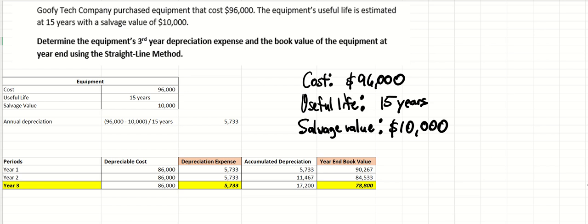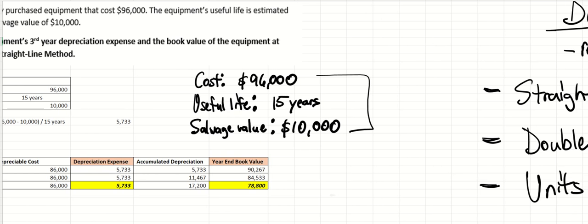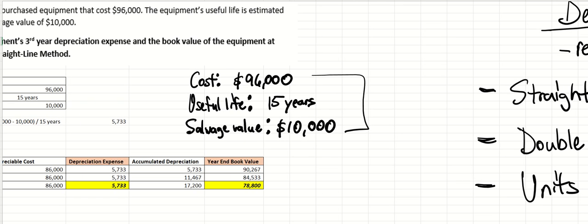So in this case, $10,000 is the salvage value. That's how much they think they can get for it. So from here, and I know it's already done here on the left-hand side, but I want to actually do it live. From here, we can actually determine what the depreciation expense will be on a yearly basis. Okay, so since it's the straight line method, I'm going to put on here S-L.